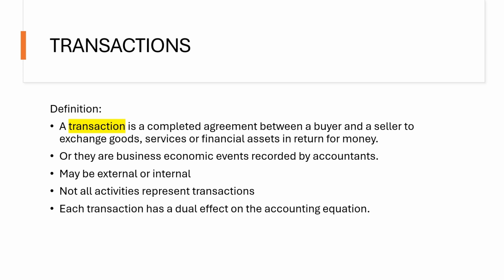They can be external. Not all activities in a business represent transactions. And fundamentally, and this would be very important for future studies, each transaction has a dual effect. This is a little bit counterintuitive because for our normal non-accountant understanding, each transaction would have a name and an in or out in terms of payment.